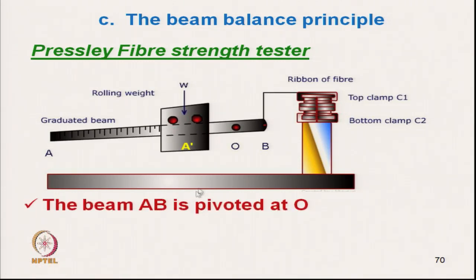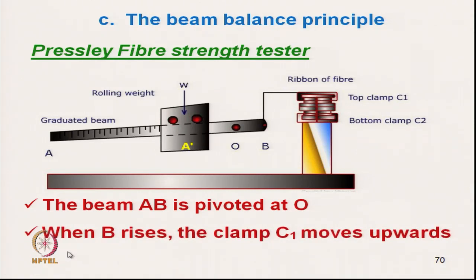The beam AB is pivoted at O. When B rises, that means the clamp C also moves up.